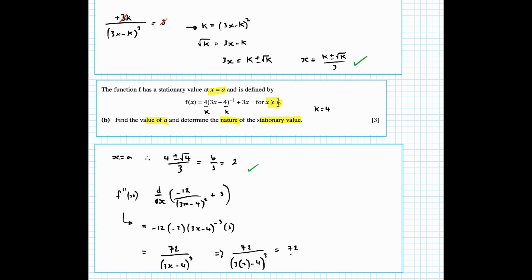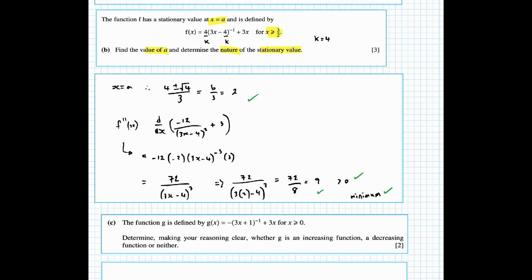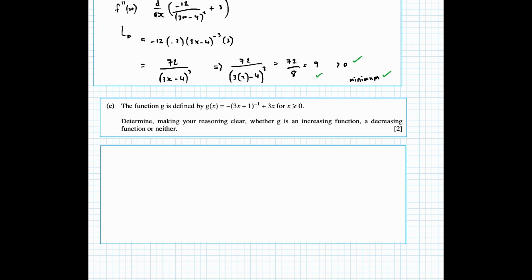So you get 72 over 8. And of course that's equal to 9. But our value of 9 is greater than 0. So dealing with determining the nature of the stationary value, of course, is a minimum. That's a rule from your unit on differentiation. That's the nature.